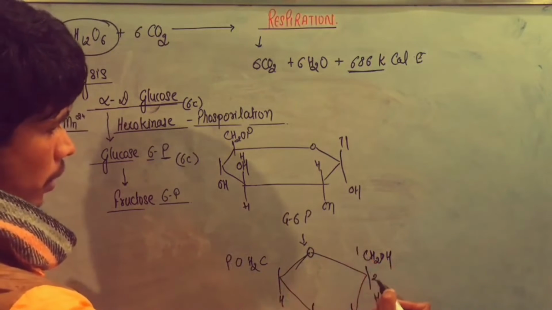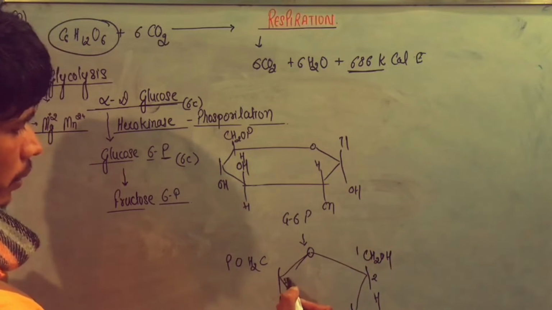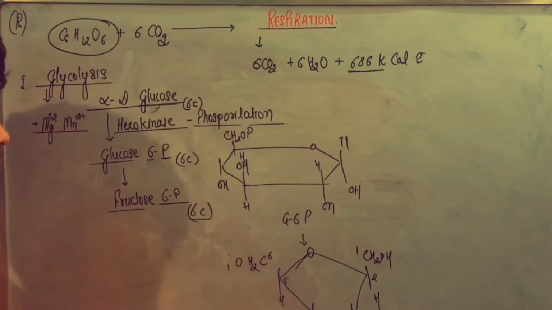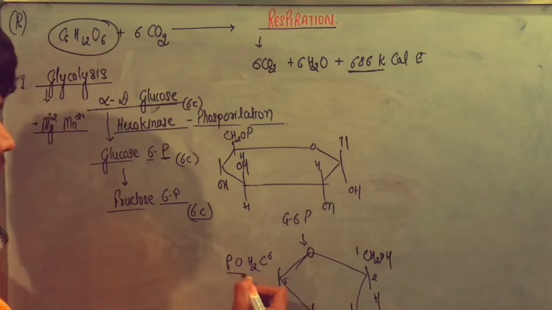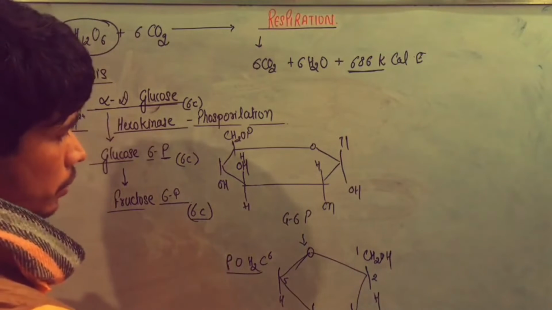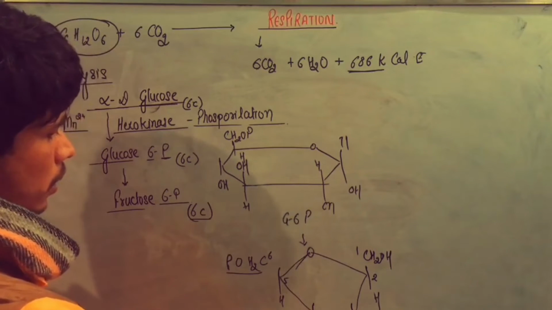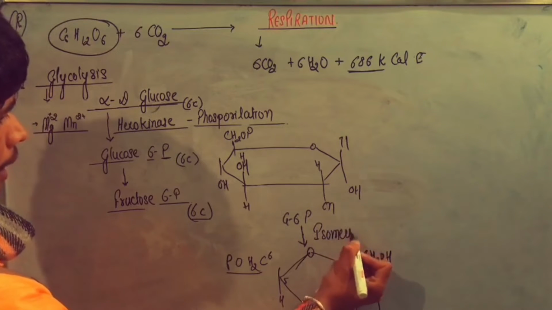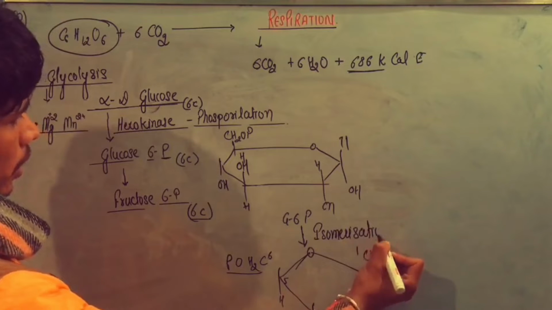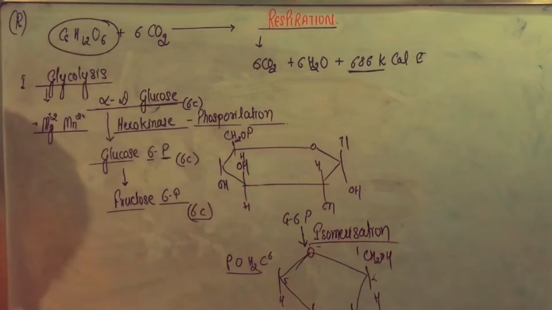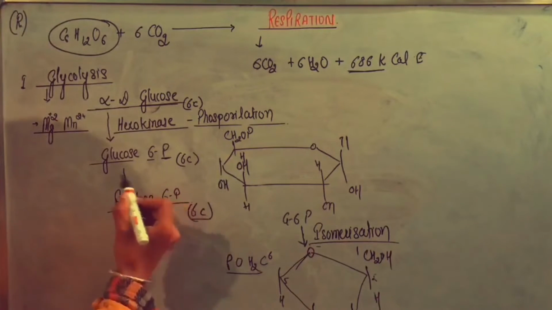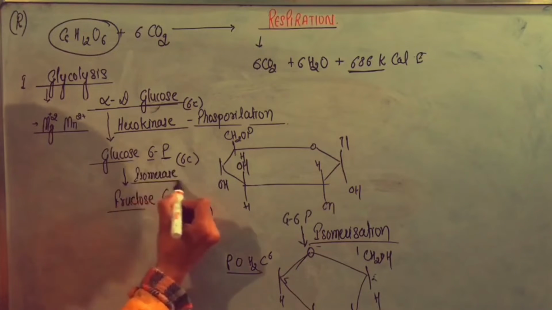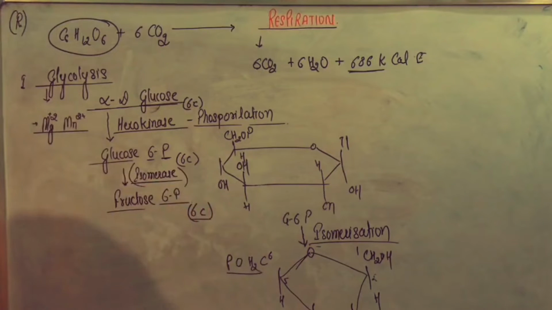At the 6th position the phosphate group is attached, and glucose 6-phosphate is converted into a molecule of fructose 6-phosphate, which is also a 6-carbon compound. Isomers are formed, and the process is called isomerization. So the conversion of glucose 6-phosphate into fructose 6-phosphate is called isomerization, in the presence of the enzyme isomerase.